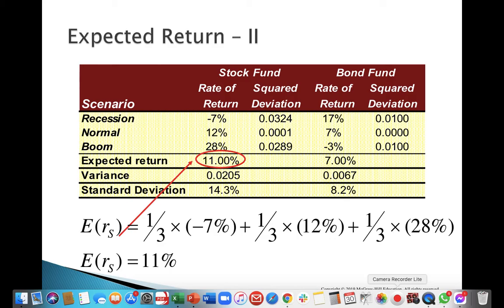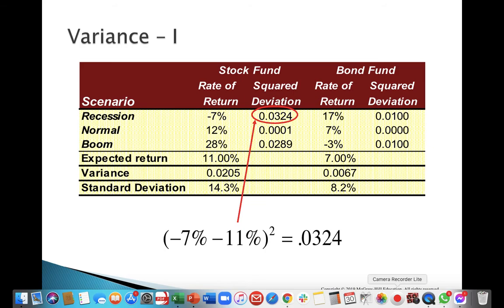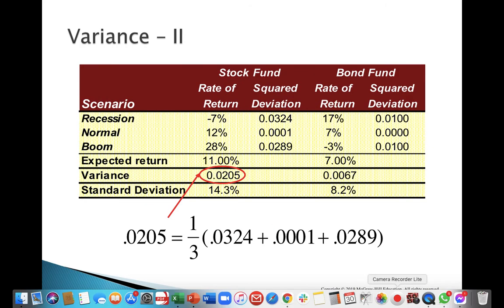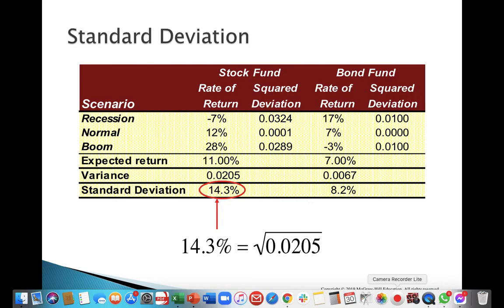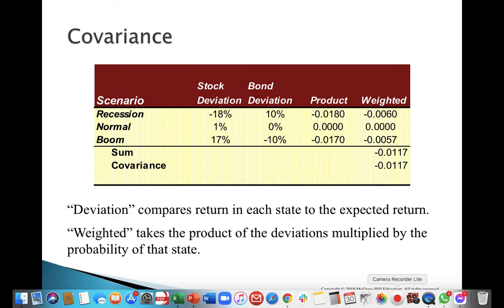Then we squared the deviations of returns; the sum of the squared deviations divided by the number of observations gave us the variance. Square root of the variance gave us the standard deviation.